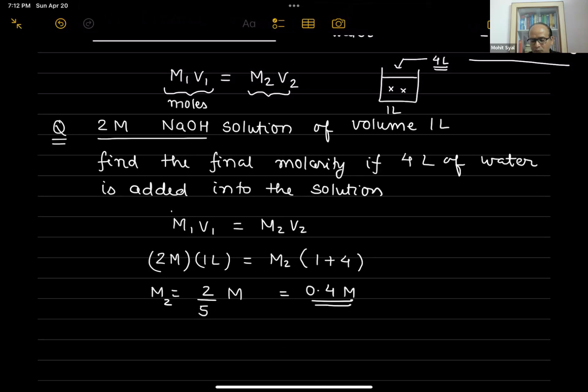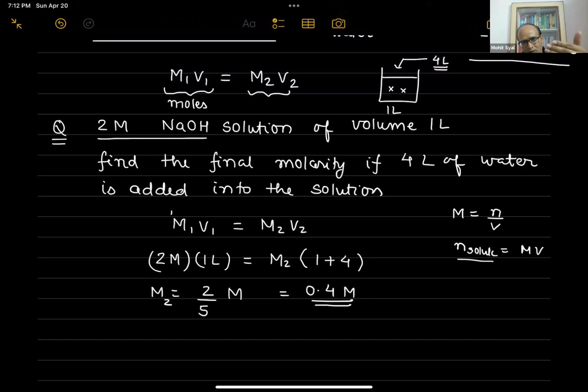How did this formula come? Molarity, as we have just seen, is number of moles by volume. So number of moles of solute will be molarity into volume. Prior to addition of water, the number of moles of NaOH was molarity into volume.